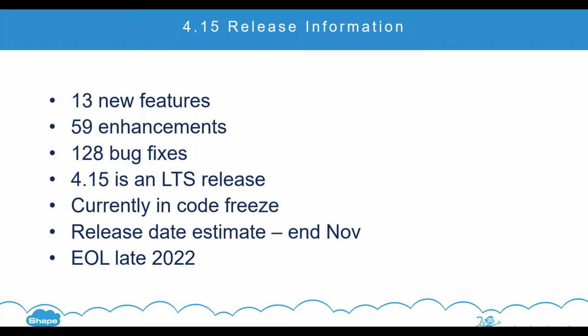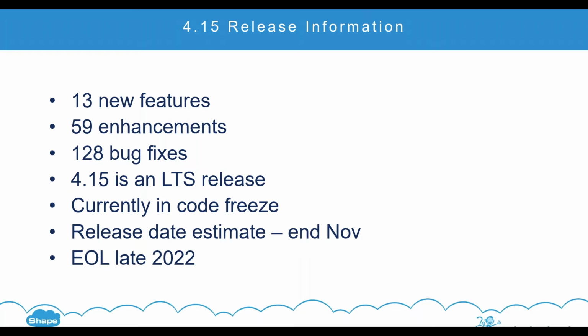The reason it's late is that it's difficult at the moment with what's going on, and people probably aren't spending as much time in open source communities as they should. We found this with the last release back in May as well, that it's taking longer to get everybody to get their PRs across the line and merged. But where we are at the moment, we were at code freeze some weeks ago, and we should have it released by the end of November.